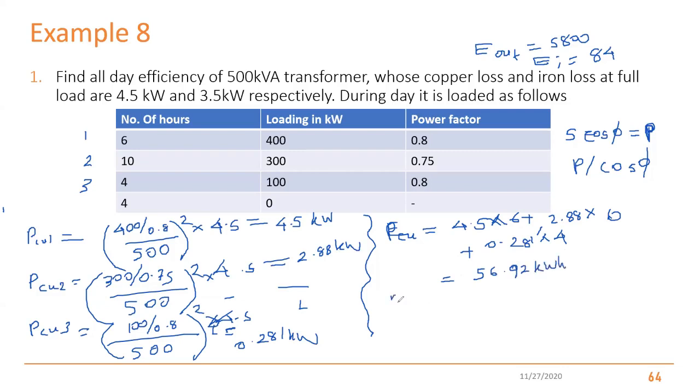So I can now calculate the whole day efficiency. The total output, 5800, should be divided by output plus losses.